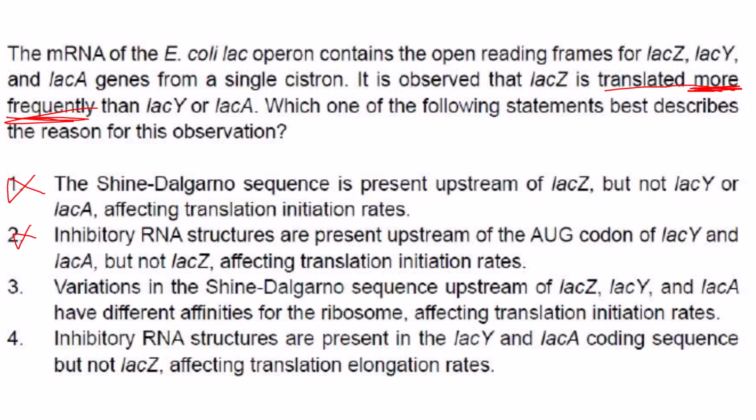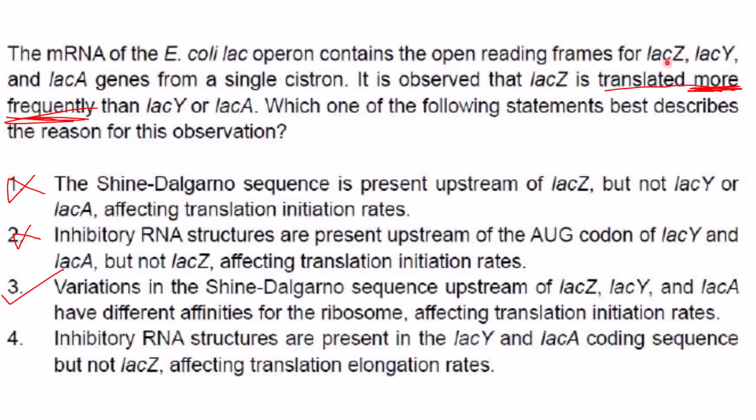Then variation in the Shine-Dalgarno sequence upstream of lac Z, Y and A have different affinities for the ribosome, affecting translation initiation rate. 100% correct. I told you each structural gene has got its own Shine-Dalgarno sequence, and suppose there is a variation in the sequence of this Shine-Dalgarno sequence present upstream of each of Z, Y and A, the ribosome will have a tendency.